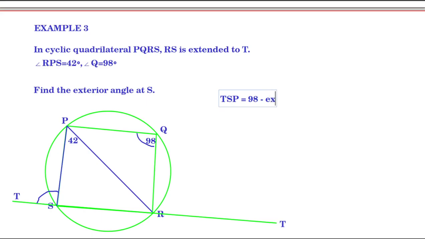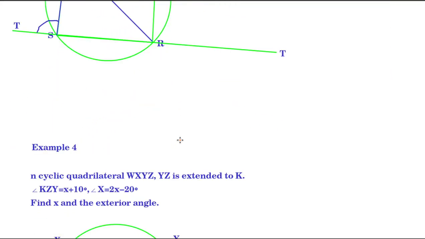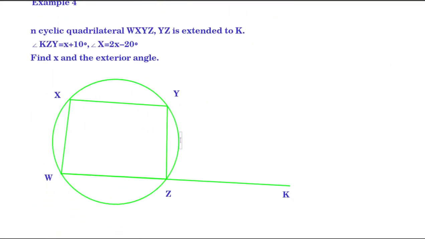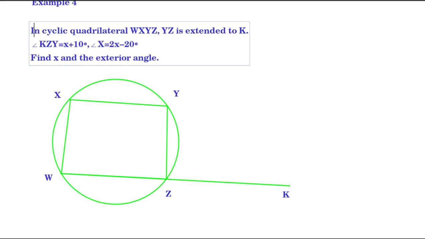The reason: exterior angle is equal to the interior opposite angle. Next question, which is example 4. In a cyclic quadrilateral WXYZ, YZ, where is YZ?